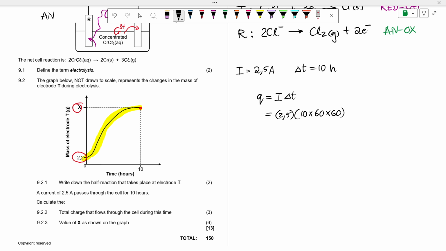So I should multiply by 3,600, actually, not 360. Yes, 3,600. Or just multiply by 60 twice, just to avoid mistakes. Then what is the charge in coulombs? 90,000 coulombs. Okay, that's good. 3 marks, so it doesn't come as a surprise that you'll get the marks like that.